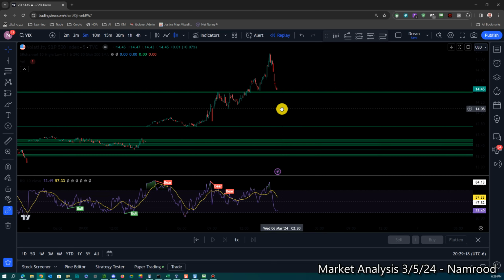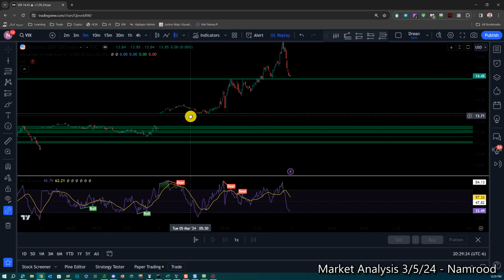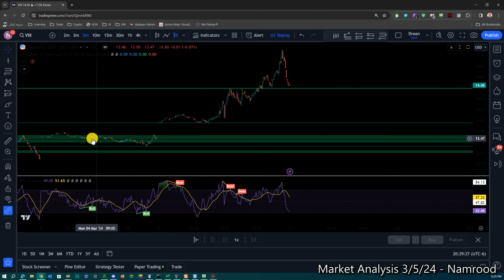So it's often helpful to see how this index is doing. And as you can see here, we have been in this boring area for quite some time, which we have seen also on the SPY, which is sideways in a range, boring.